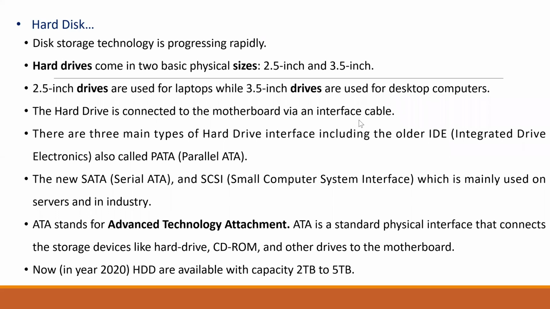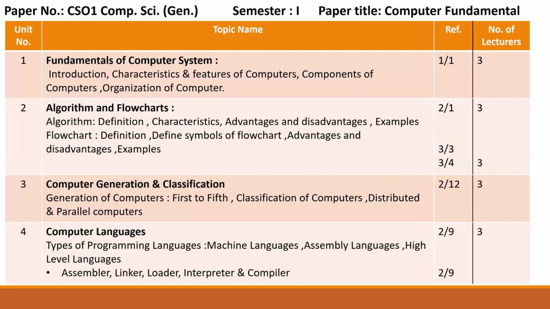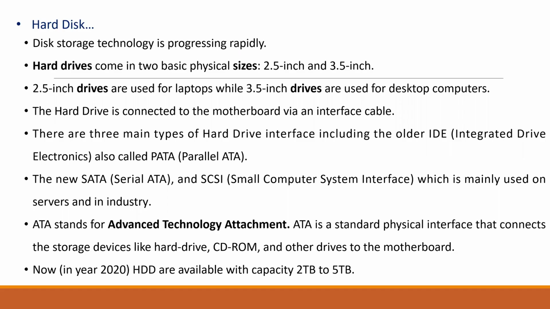If you want to purchase a hard disk, in general 2 terabytes to 5 terabytes hard disks are available. Maybe currently it has increased, which means its size is increasing every year. Okay, so you can use such memory compulsorily in your computers.